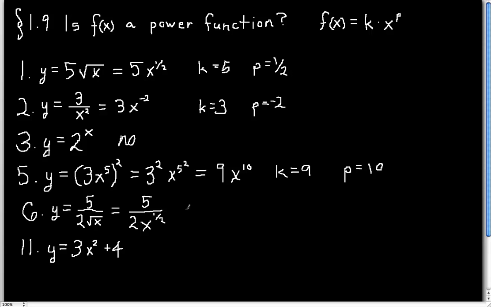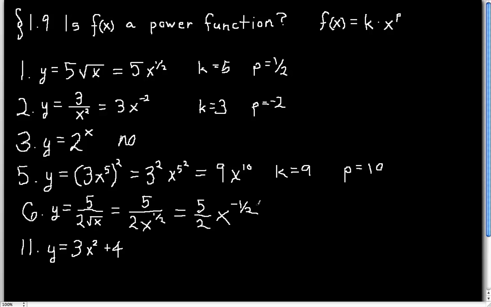Okay, and just like in example 2, if I want to move something from the denominator to the numerator, or vice versa for that matter, the power just has to take a negative sign. So I'm not going to move this right to the numerator for reasons of clarity. I'm just going to move it out front. It's the same thing. So in other words, this can be written as 5/2 times x to the -1/2.